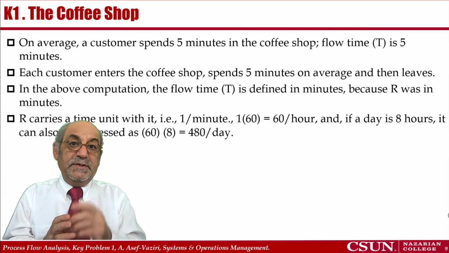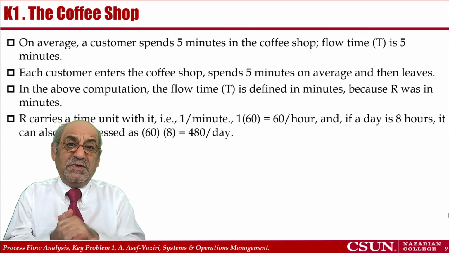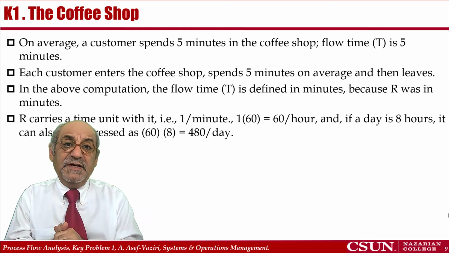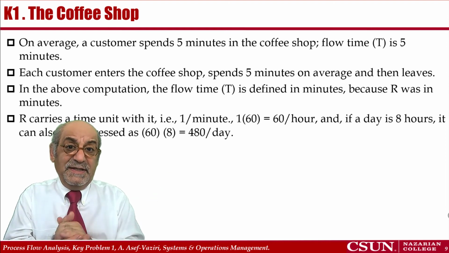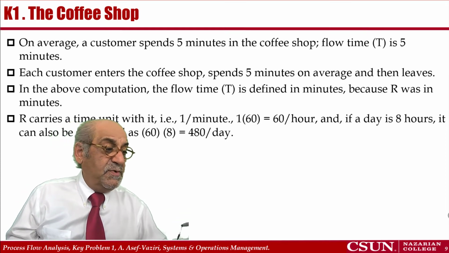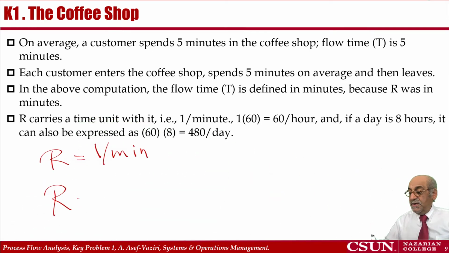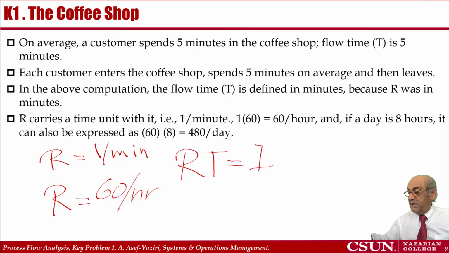So again, throughput here was 1 per minute, or we can say 60 per hour, or if the shop works for 8 hours, you may say 480 per day. In all these cases, we will get the same results. For example, suppose R, instead of 1 per minute, is equal to 60 per hour. Throughput times flow time is equal to inventory. Throughput is 60.